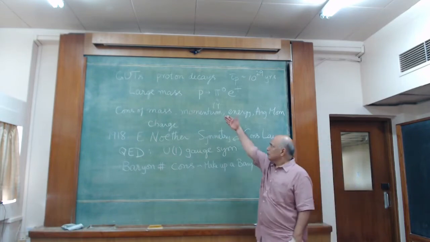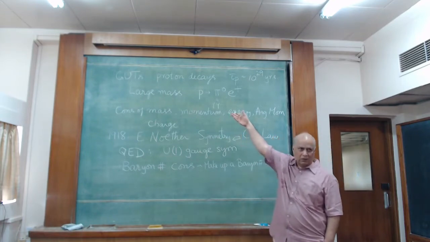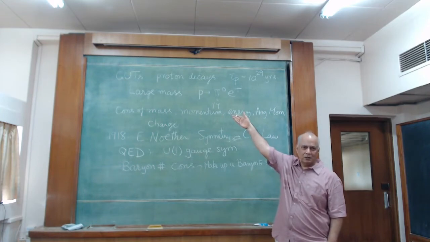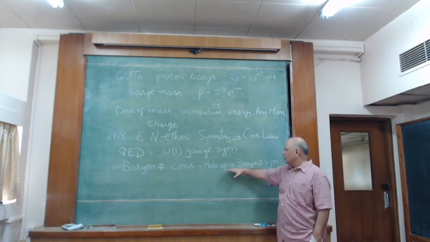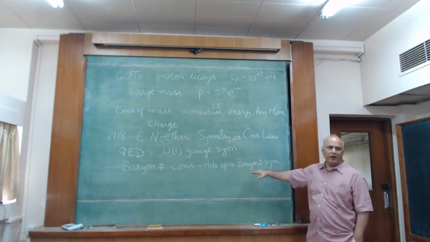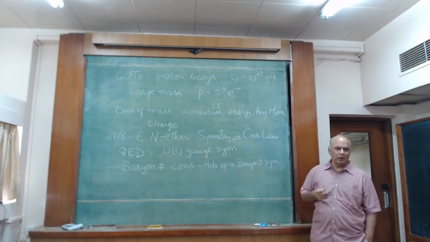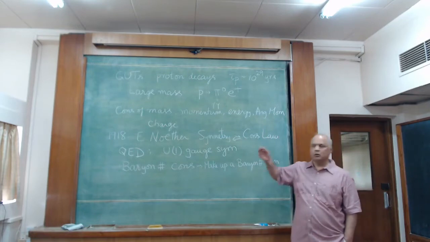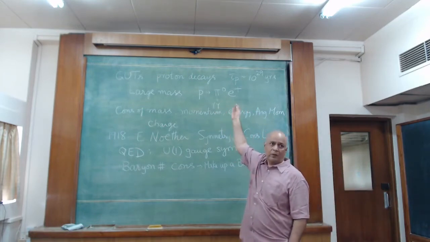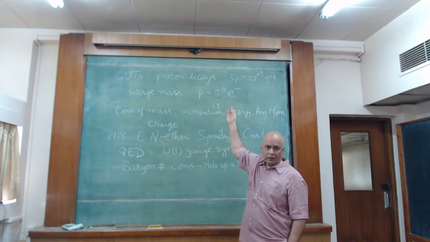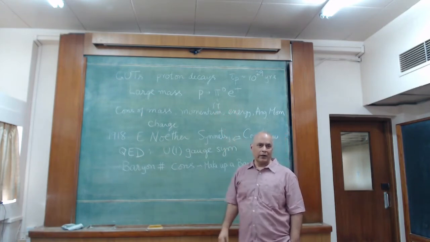But as I mentioned, in these grand unified theories, people have introduced interactions which break this made up baryon number symmetry, and that is what leads to the baryon number violating interactions, and that's what leads to proton decay.